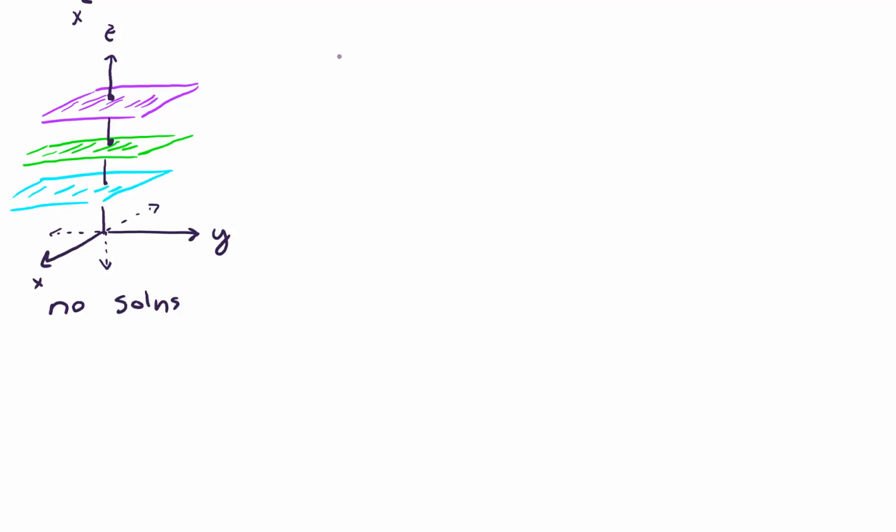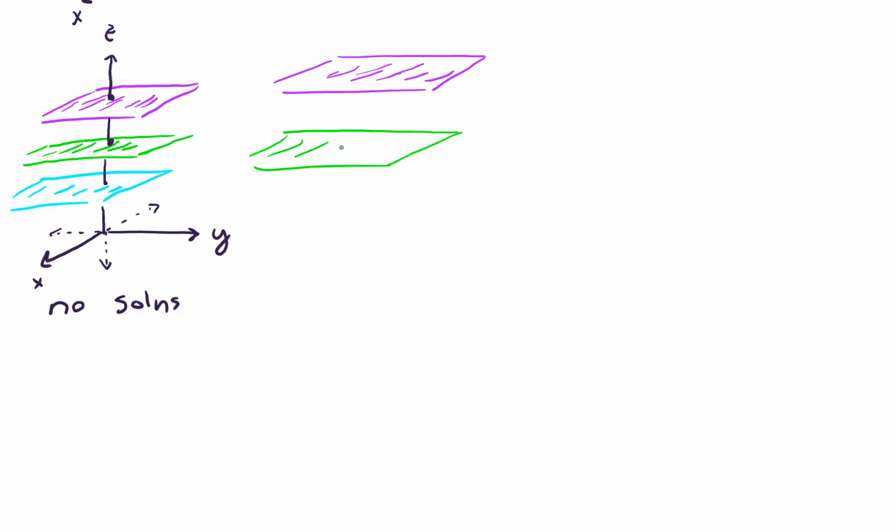You could have 2 planes which are parallel, and then we could have a third plane which cuts down and intersects those other 2. It slices right through. And again, no solution here.